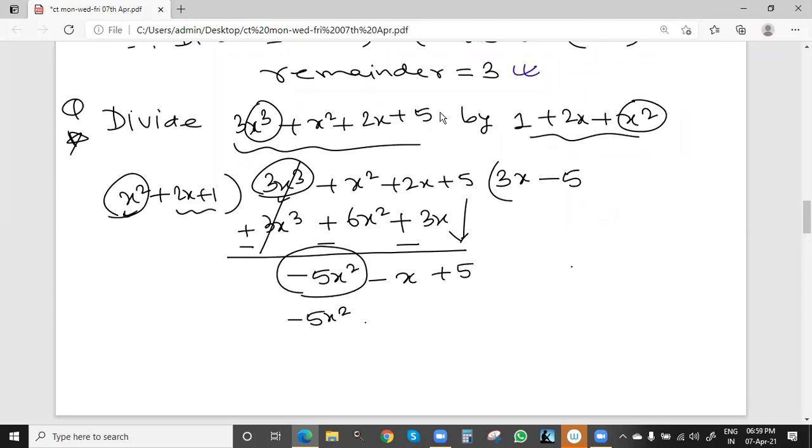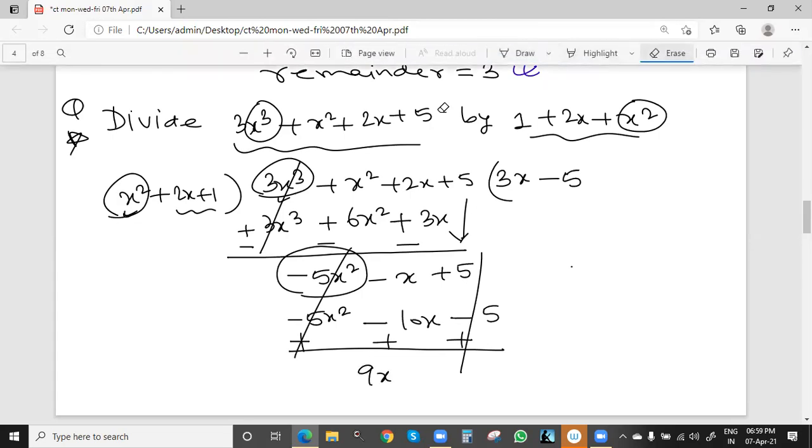So minus 5 into 2x is minus 10x, and minus 5 into 1 is minus 5. Now we do subtraction, so the signs change, plus, plus, plus. These are the same, so they cancel. Sir, the 5 would not cancel. Correct. So this is 10x minus x, which is 9x, plus 5 plus 5 is 10.